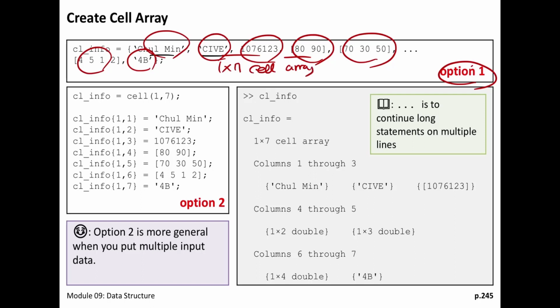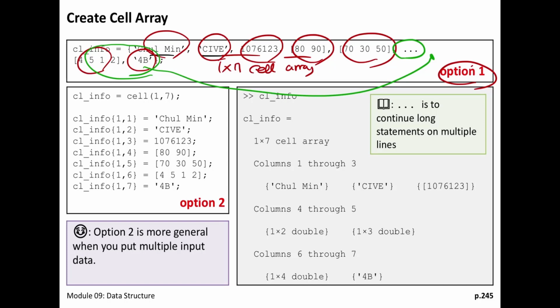Here, when you make a long statement across multiple lines, if your script is too long, you can break it down into multiple lines using the three periods. Then MATLAB recognizes the script in the next line as a part of the script in the previous line. Without these periods, MATLAB recognizes them as separate lines, so you will see a syntax error.